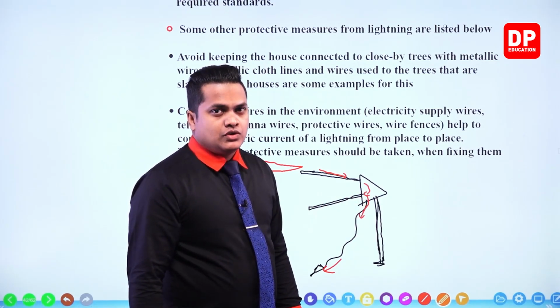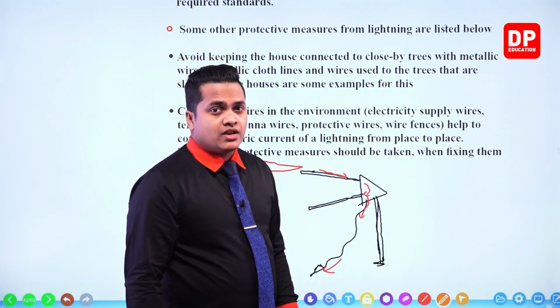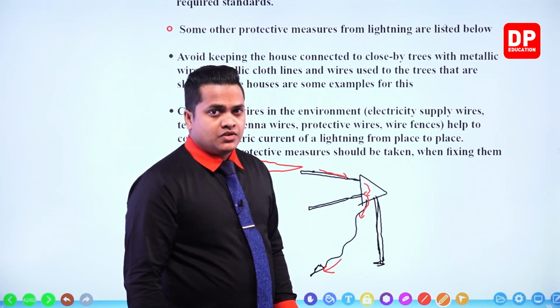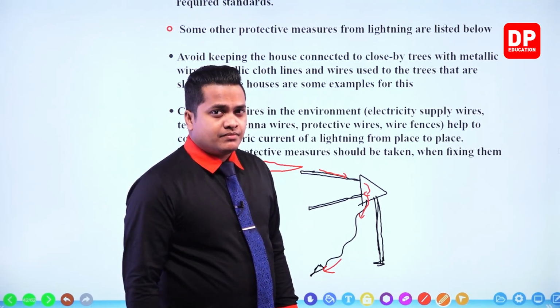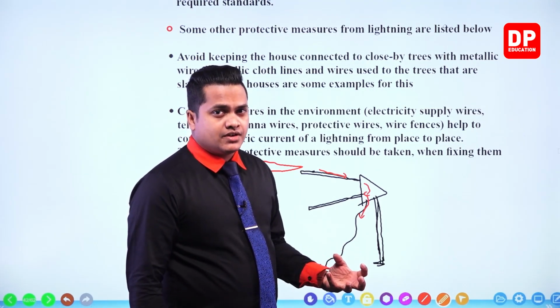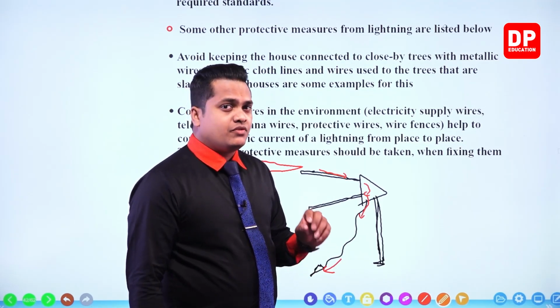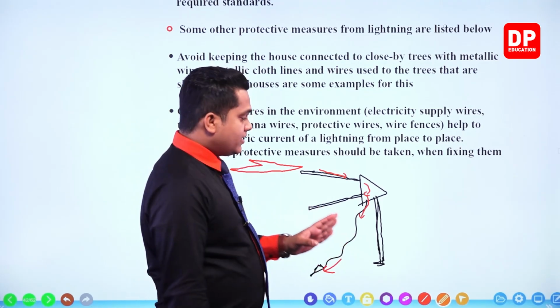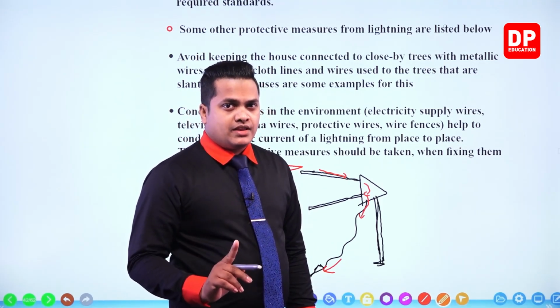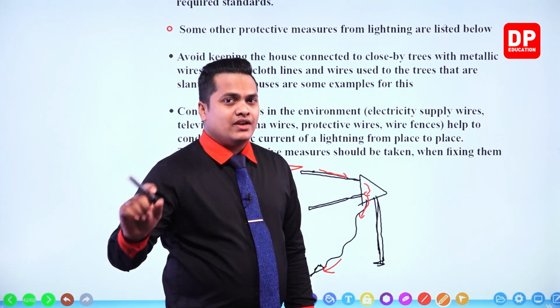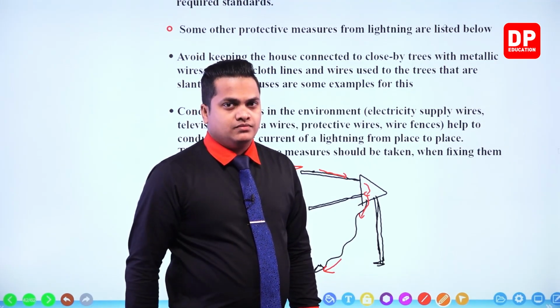So this is going to be a terrible situation for a house. So the best thing to do, when there is a lightning weather condition, is, if you are using a wired antenna like this, make sure to remove that thing from the television and keep that wire outside of your house. Okay.